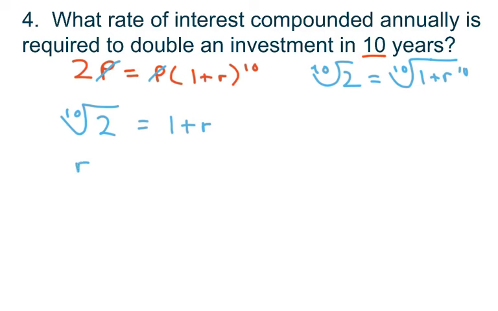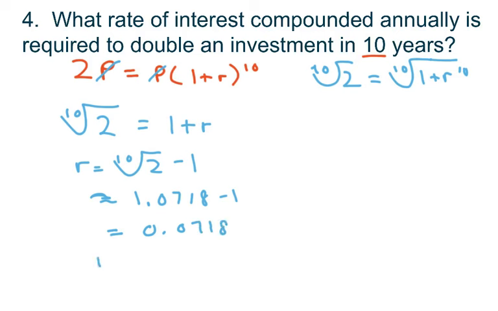So I'm going to get r equals the 10th root of 2 minus 1, which equals approximately 1.0718 minus 1, which equals 0.0718, which is the rate, approximately 7.18%.